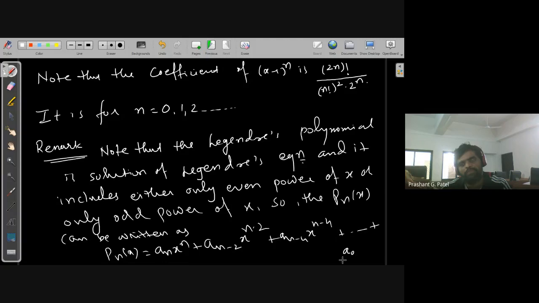The last term is a0 if it is an even power, or it will be a1 into x. Any one of them can be possible. So this Legendre polynomial always has the coefficient of the even power of x or odd power of x.